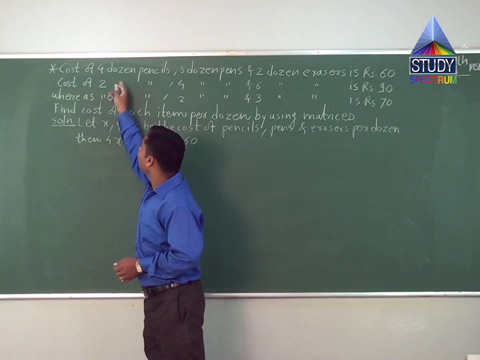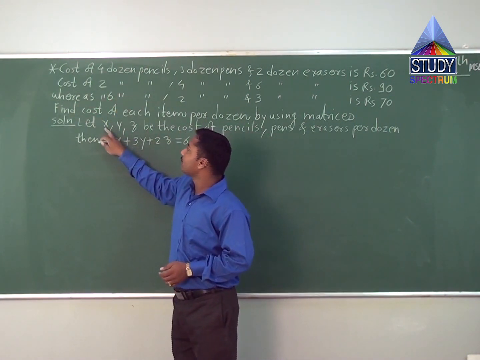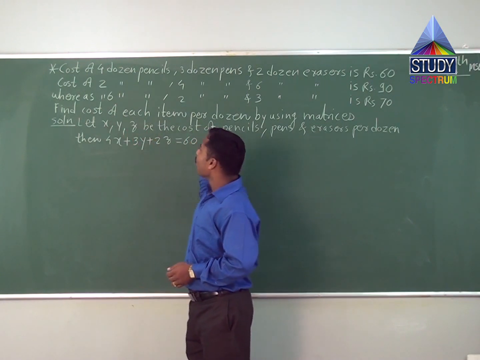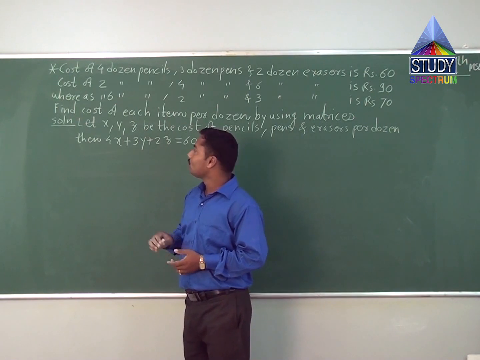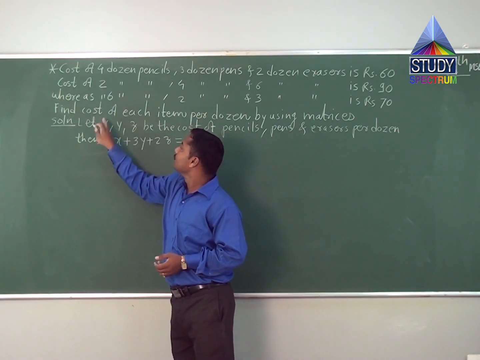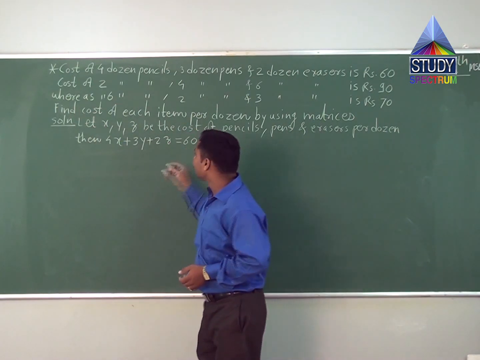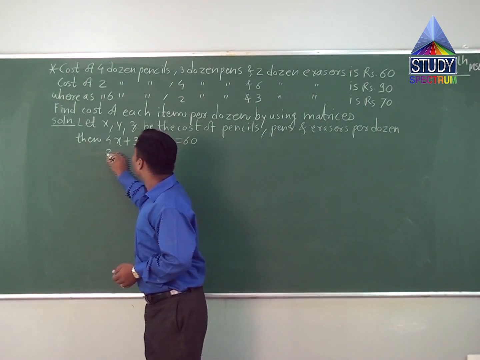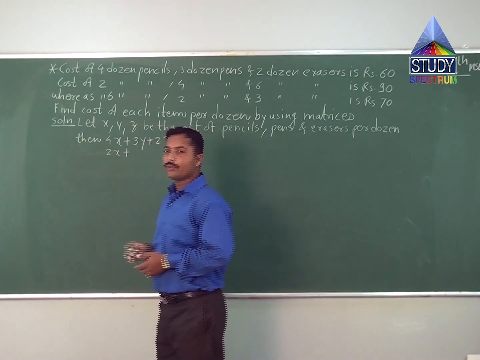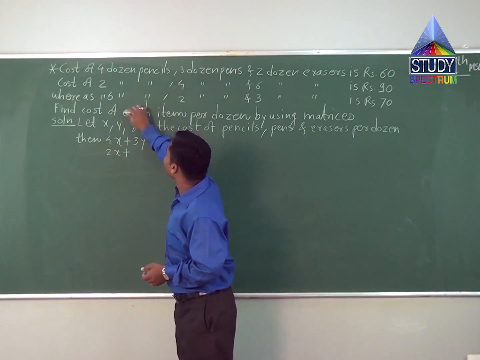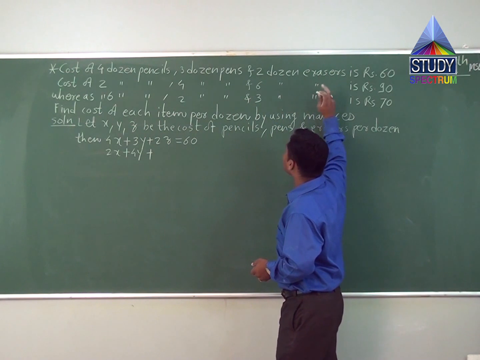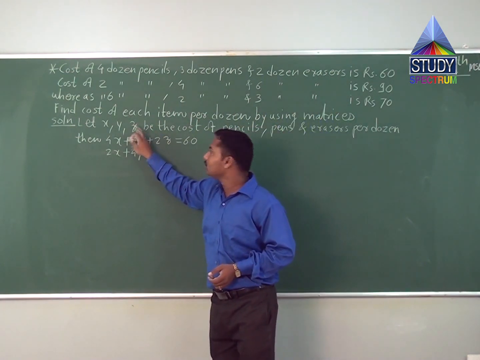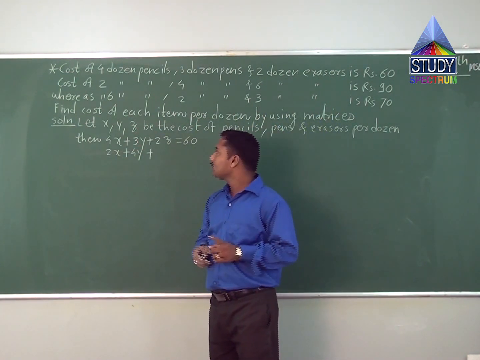Similarly, the cost of 2 dozen means here the x is the cost of 1 dozen. What is the cost of 2 dozen pencils? 2 into x means 2x, plus this 4 into y, plus this 6 dozen erasers means 6 into z. z is the cost of 1 dozen.